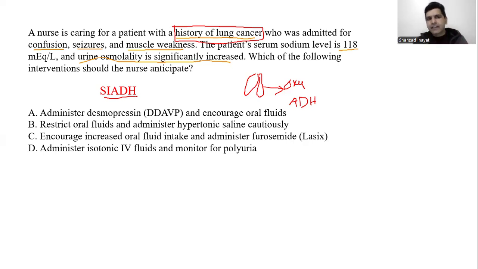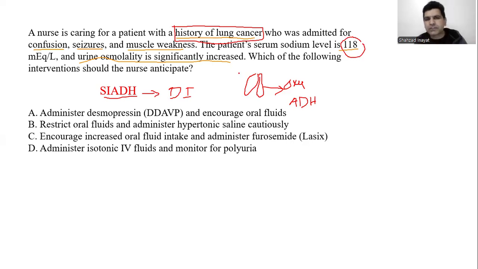There is another condition opposite to SIADH, and we call this condition diabetes insipidus, right? In diabetes insipidus, the symptoms are going to be opposite. Instead of hyponatremia, you can see hypernatremia.